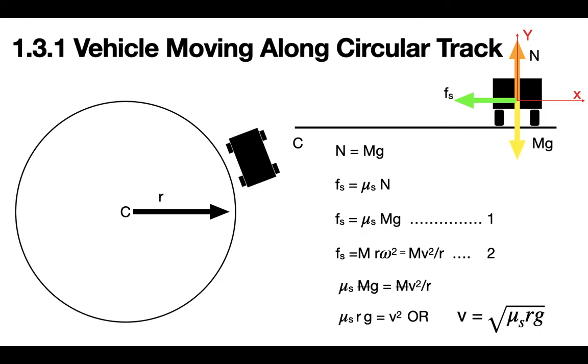The more you increase the radius, the more speed you can gain, and the more the coefficient of friction, or the rougher the road, the more speed you can gain. So Vmax we can define as square root of mu s r g.